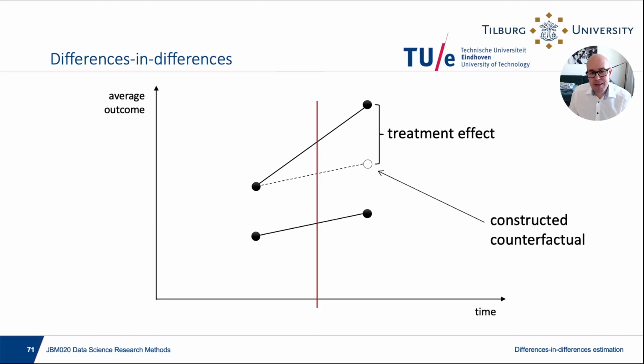Now we see here that it differs. And what this tells us already is that there is actually selection. So the difference between these two would be what we have before actually called selection bias.